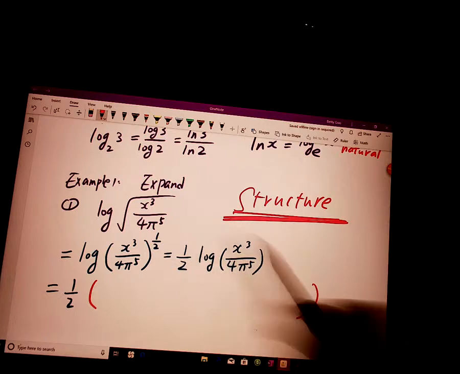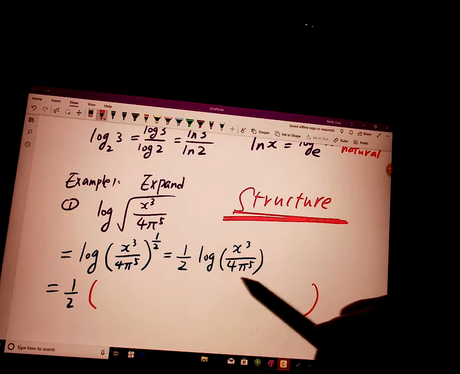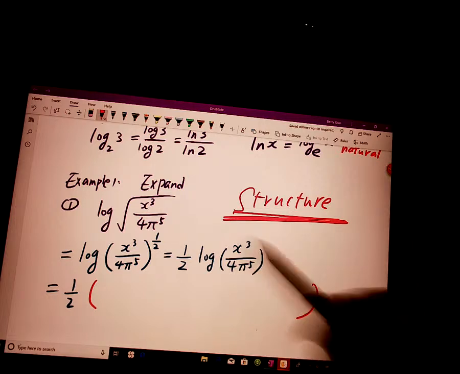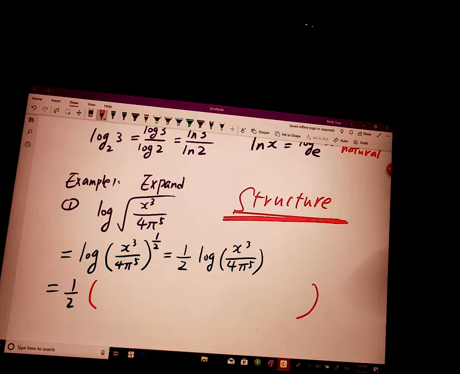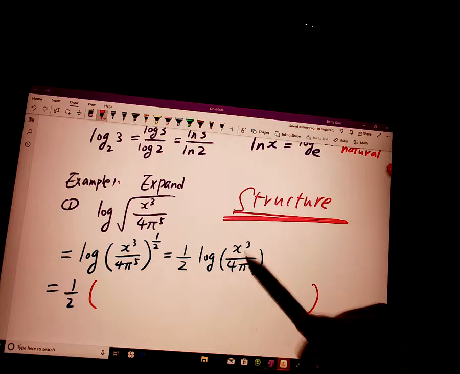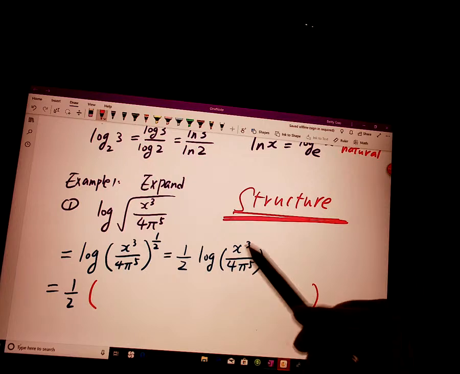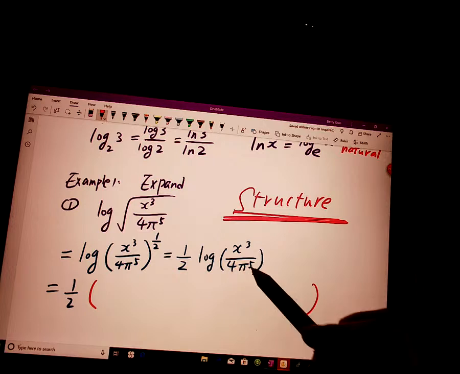Now let's look at this logarithm. The antilog is inside the parentheses, right? Tell me again the structure. Now you enter the building. What do you see? Do you see a quotient or do you see a product? Yes, the answer is you see a quotient. Numerator x cubed, denominator 4 pi to the fifth.